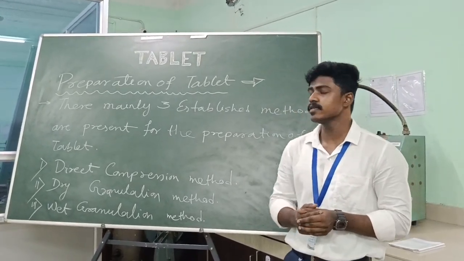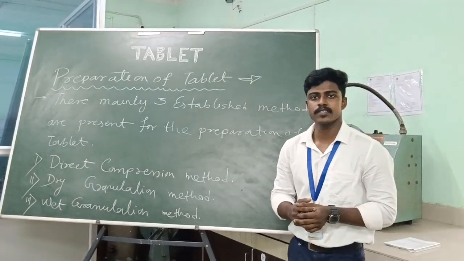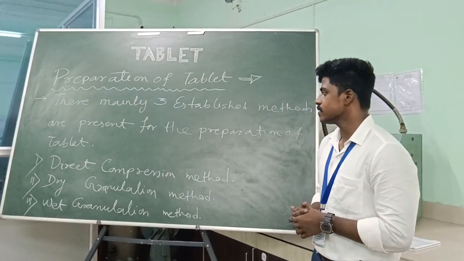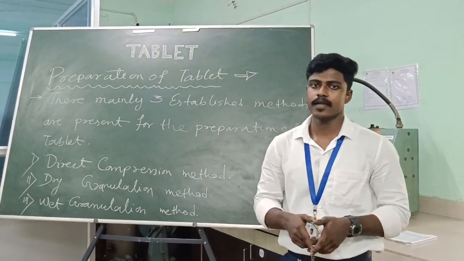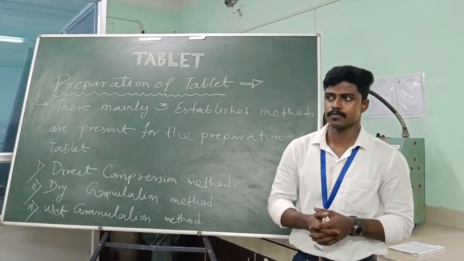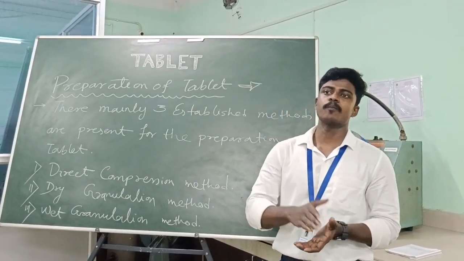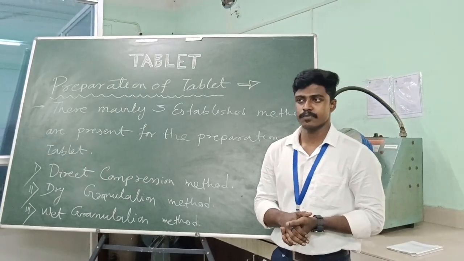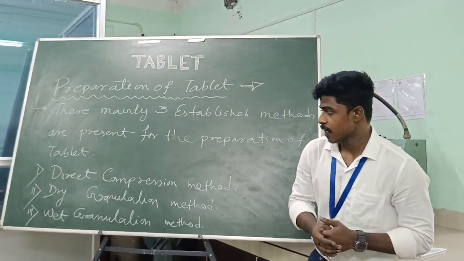To the next part, preparation of tablet. There are three established methods for the preparation of tablet. Number one is direct compression method, next is dry granulation method, and third is wet granulation method. In the direct compression method, all ingredients are directly compressed by the compression machine without changing their physical appearance.